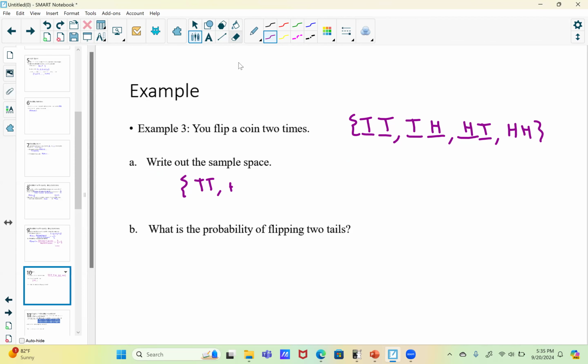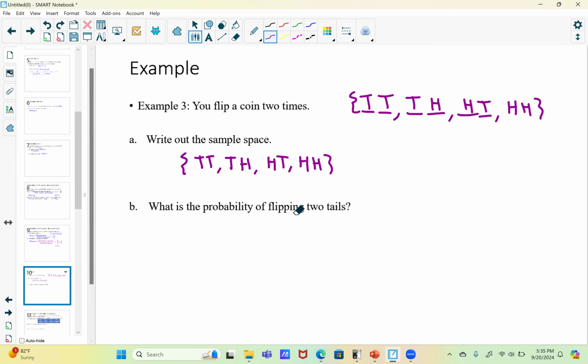They might not always tell you to write out the sample space, but it's often helpful even if they don't. These are all my possible outcomes. Tails heads is different than heads tails. The order matters, so you need to write both. Then it asks, what is the probability of flipping 2 tails?